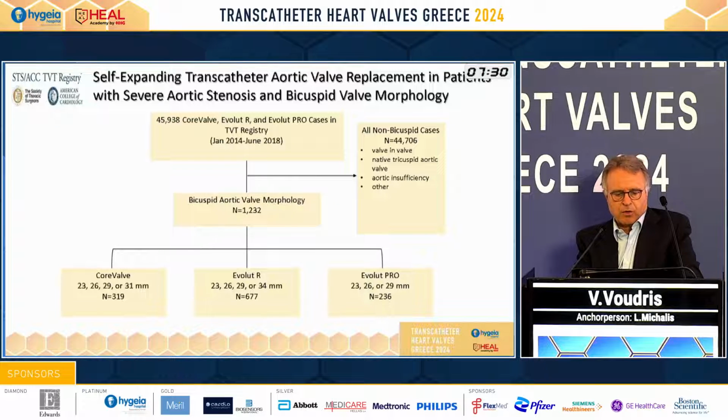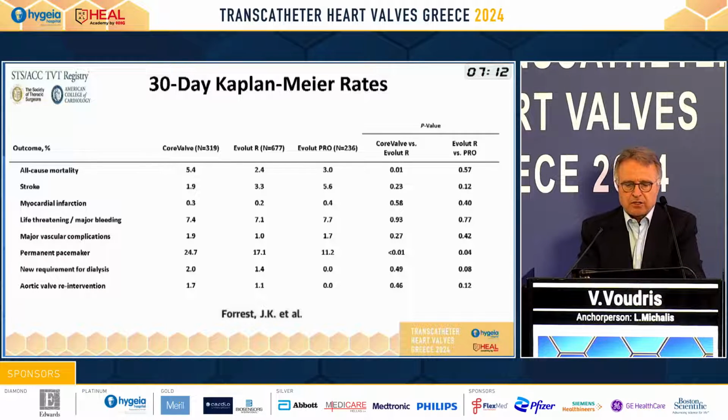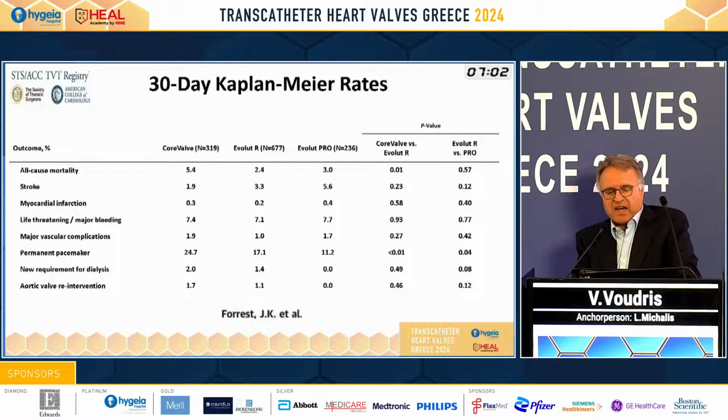The first CoreValve, the Evolut R and the Evolut Pro devices have shown low all-cause mortality, with Evolut R and Pro 2.4 to 3%, stroke rate between 3 and 5%, and permanent pacemaker decreasing from 25% with the CoreValve to 8 to 11.2% with the Evolut Pro devices.